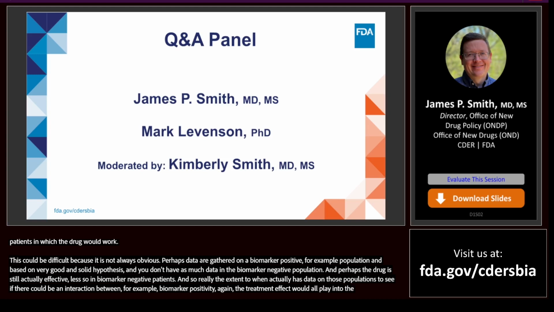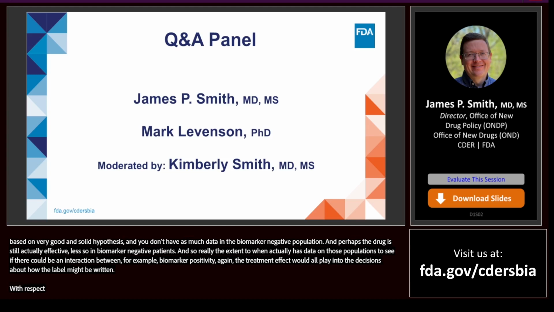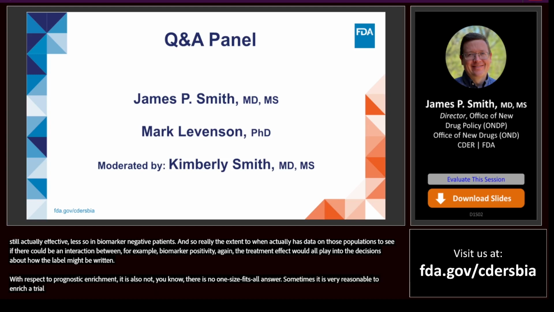With respect to prognostic enrichment, there's also no one size fits all answer. Sometimes it's very reasonable to enrich a trial for a high risk population because events will happen faster, but there's perhaps no scientific reason to think that the drug would not be effective in patients who are a bit lower risk, maybe moderate risk.